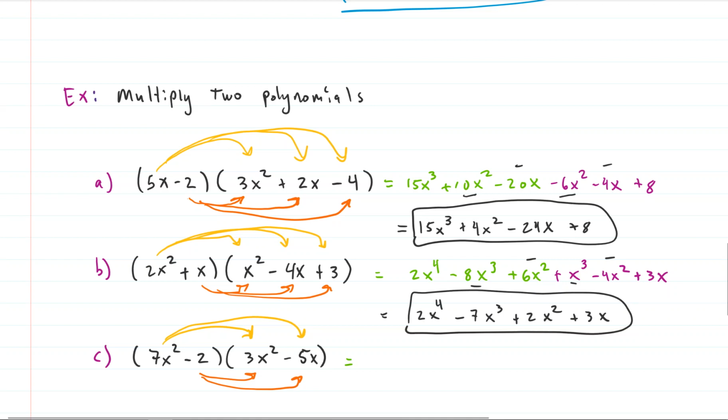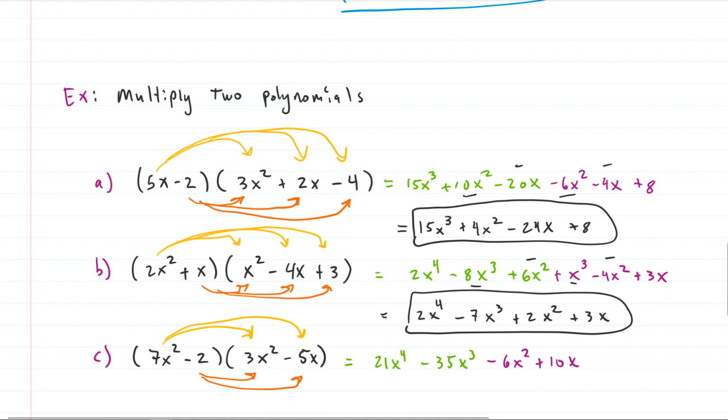So 7x squared times 3x squared gives us 21x to the fourth. 7x squared and negative 5x is negative 35x cubed. Change colors because we're doing the second distribution now. So negative 2 times 3x squared is negative 6x squared. And negative 2 times negative 5x is positive 10x.